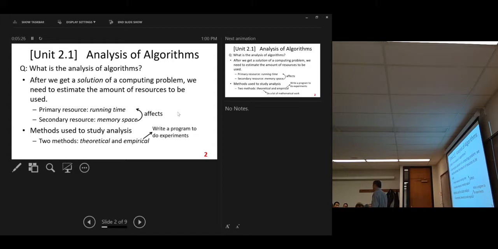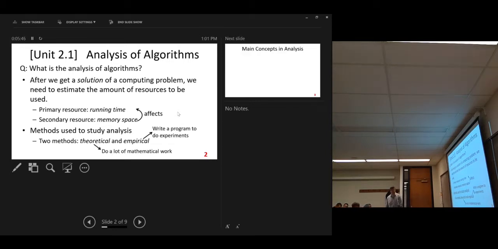So you run each one, then you compare. So that's our first programming project. I will give you more and more information about that project. But most of the time we will spend on the theoretical part. We will do a lot of mathematical work.